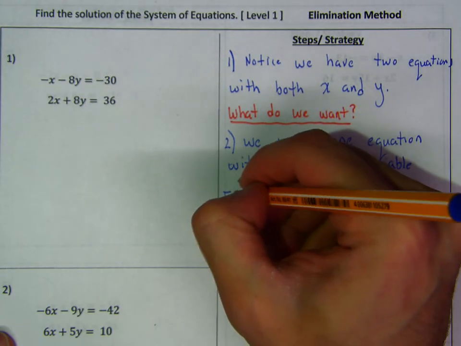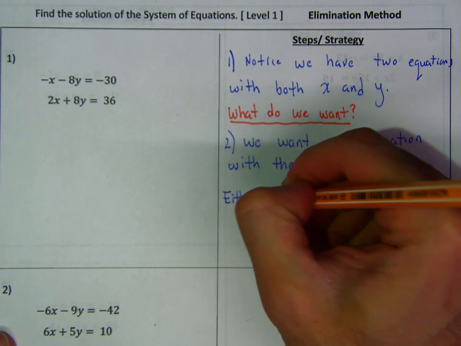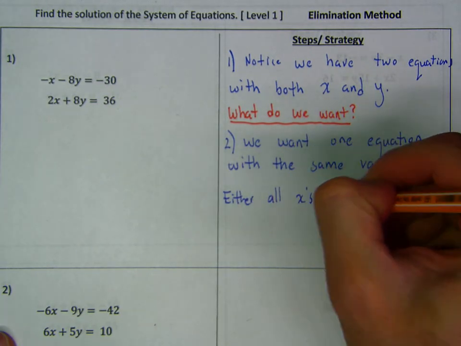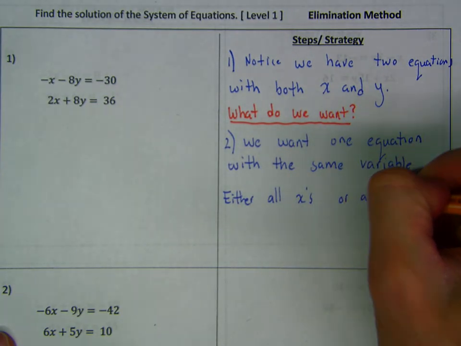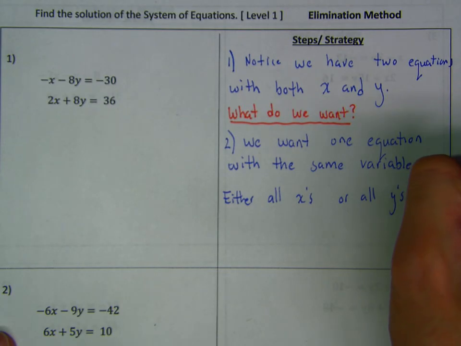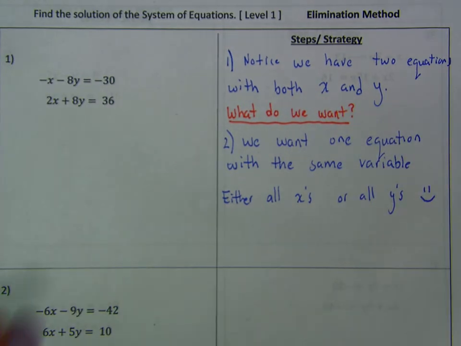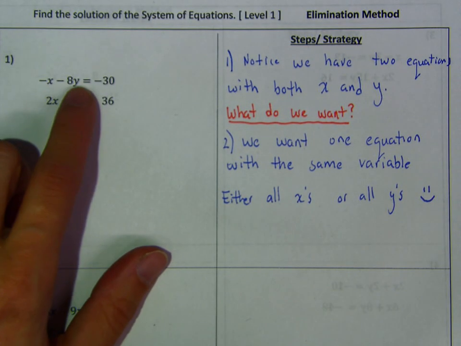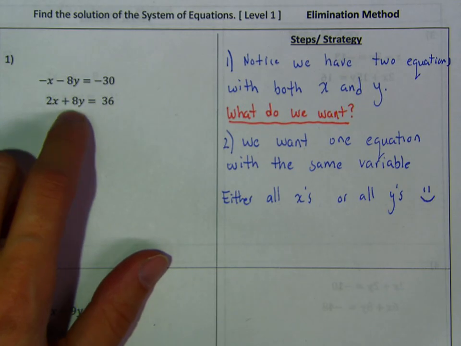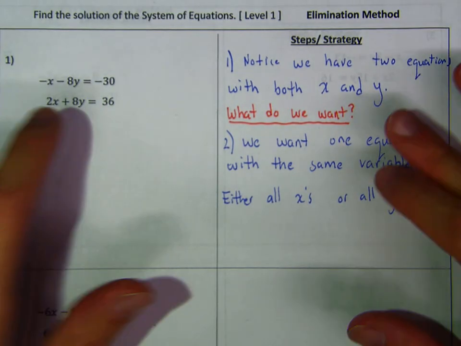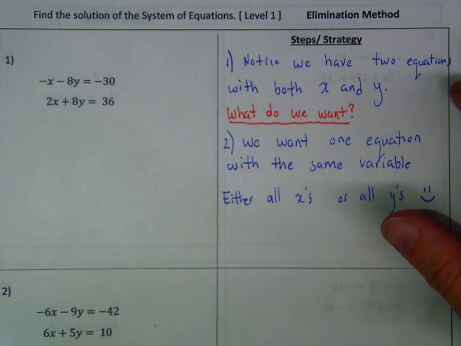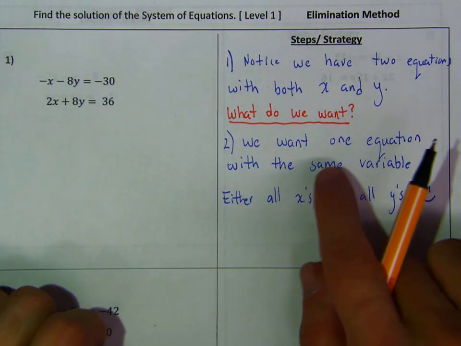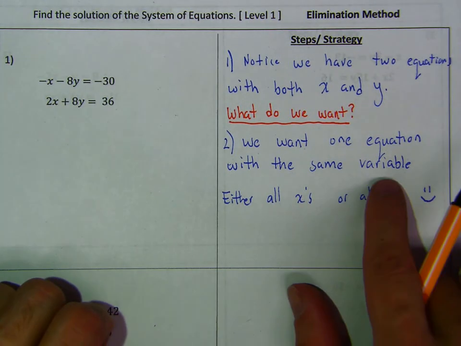Either all x's or all y's. Right? So notice that this equation has x and y. This equation has x and y. Right? Pause the video if you need to copy this down. But what we want to do is create one equation with the same variable.